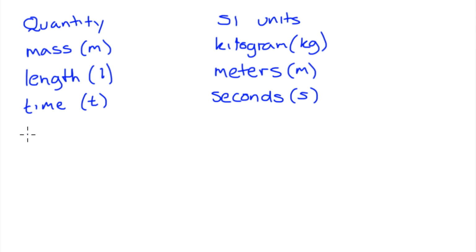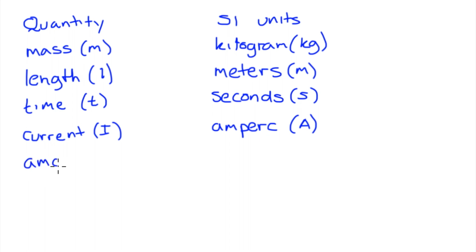The first one is electrical current, which is represented by an uppercase I, and the SI unit for current is amperes, which is an uppercase A. Next we have amount, another kind of strange unit. It doesn't really have a letter to represent it, but its unit is the mole, represented by mol.